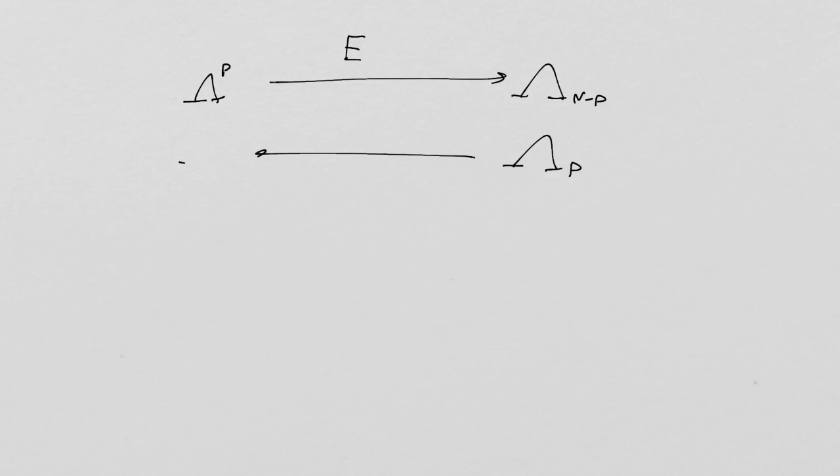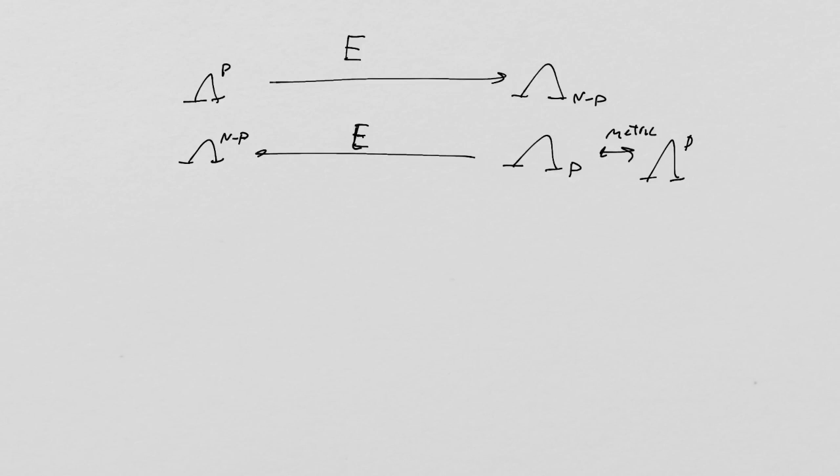We've shown how you can go from a p form to an n minus p vector simply by understanding a volume element. Likewise, you can go from a p vector to an n minus p form by simply understanding a volume element. And it's interesting because this does raise and lower indices, but a true raising of indices just goes like this, and that is our metric duality.